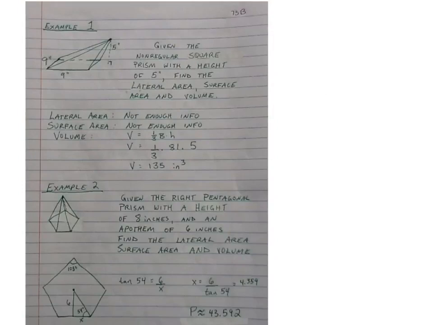On page 73B we start tackling some examples. Example 1: given the non-regular square pyramid with a height of 5 inches, find the lateral area, surface area, and volume. Even though this base looks rectangular-ish, I've called out that it's 9 inches by 9 inches, so we know that it's a square.